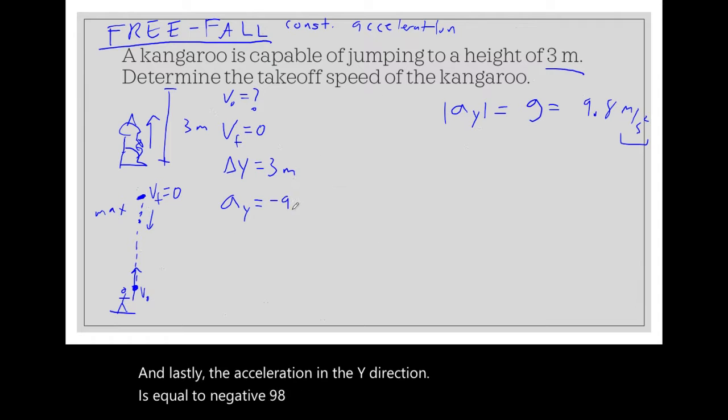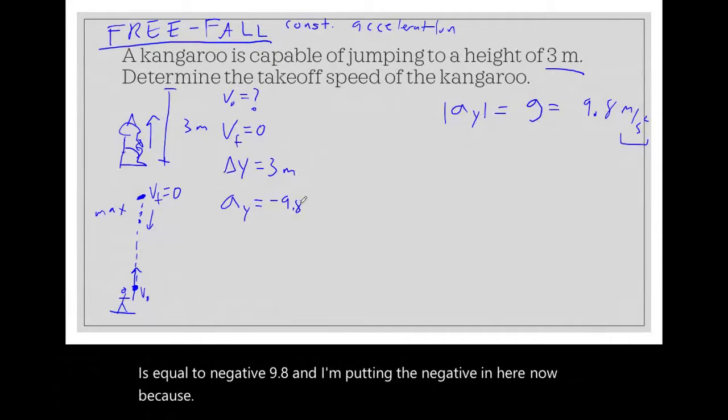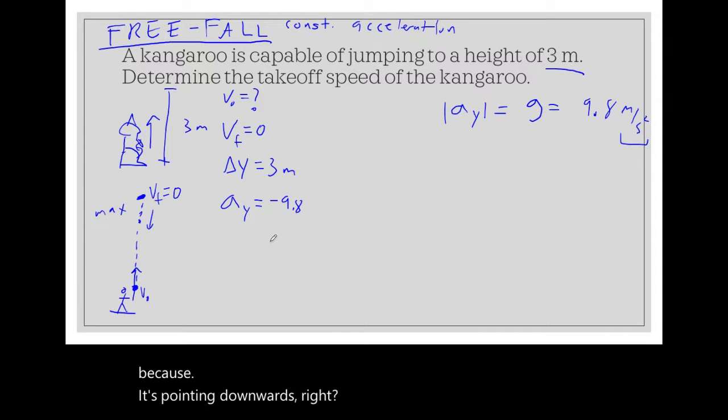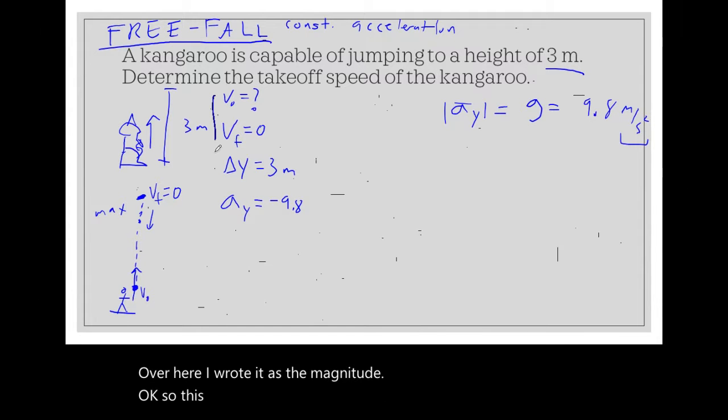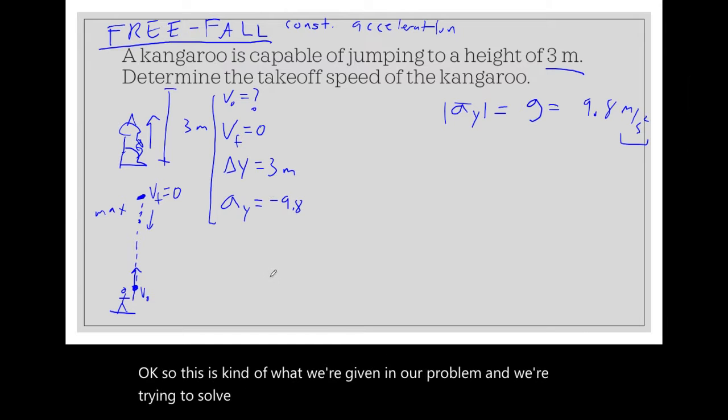I'm putting the negative in here now because it's pointing downwards, right? Or here I wrote it as the magnitude. Okay, so this is what we are given in our problem, and we're trying to solve for the initial velocity.